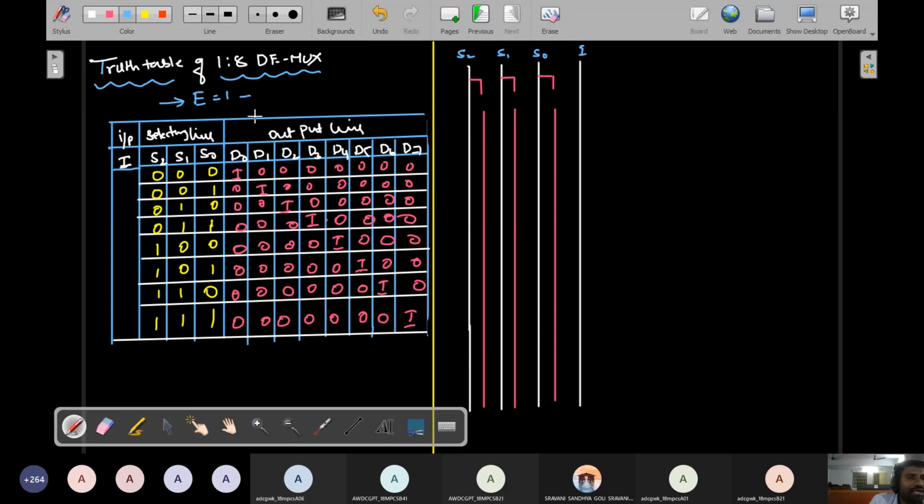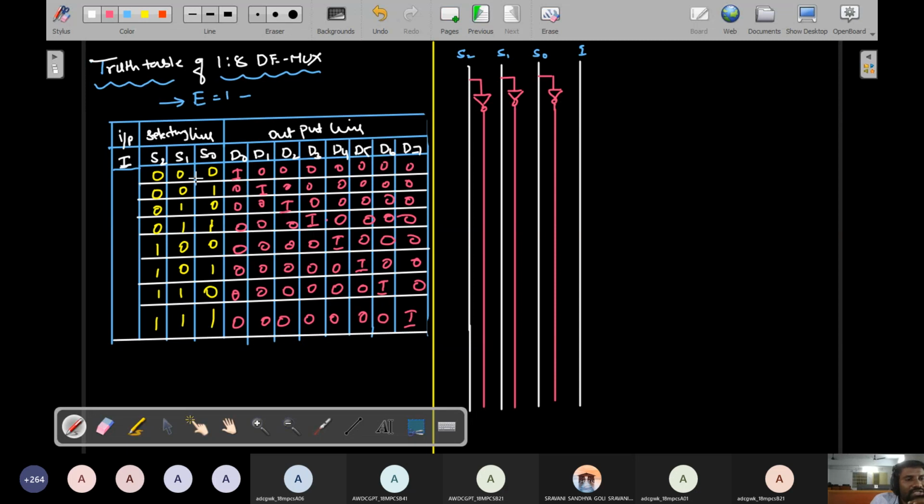The complementary inputs are represented through NOT gates. So these are the NOT gates.